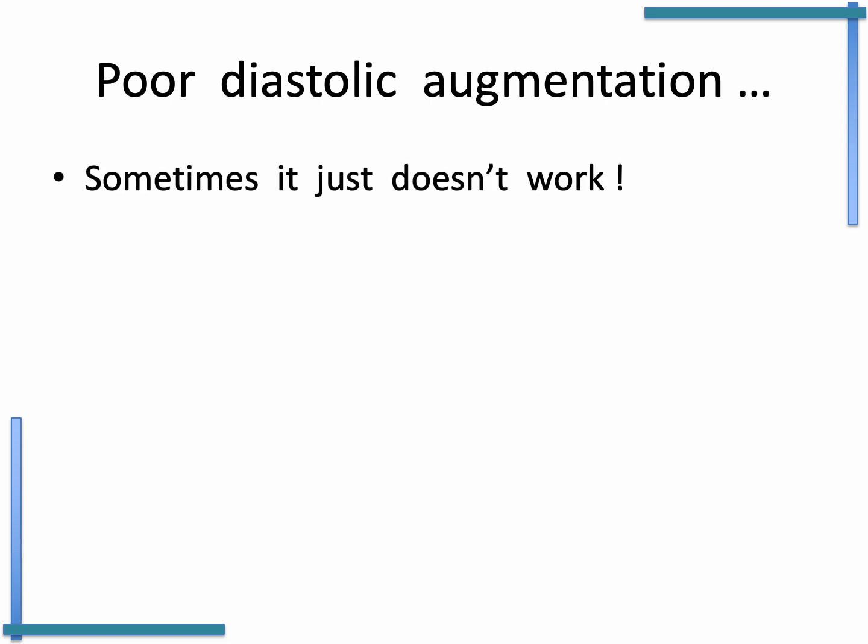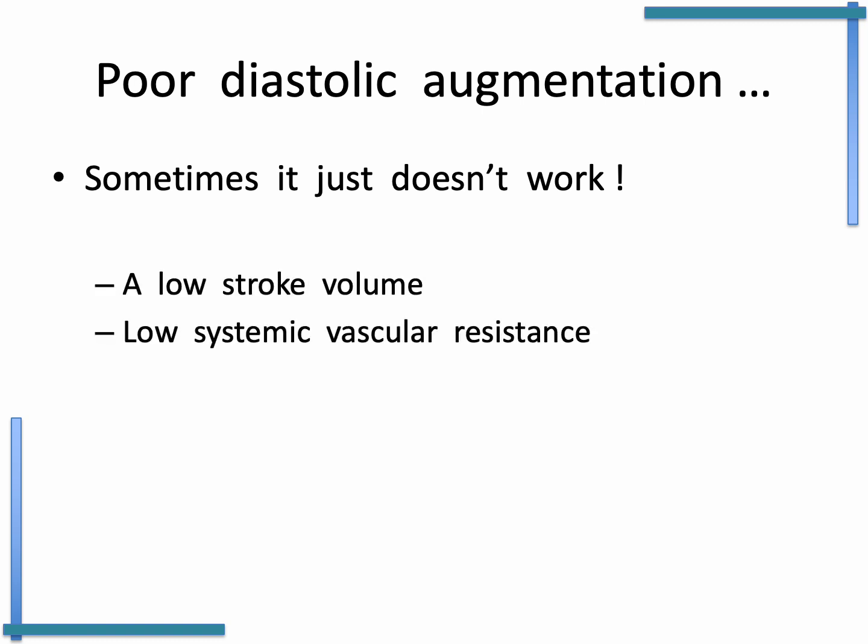And the reality is, with balloon pumps, sometimes it just doesn't work. And that means we can just look through why it doesn't work. So sometimes if we have a ventricle that ejects a very low stroke volume, then the balloon just inherently has nothing to work with.